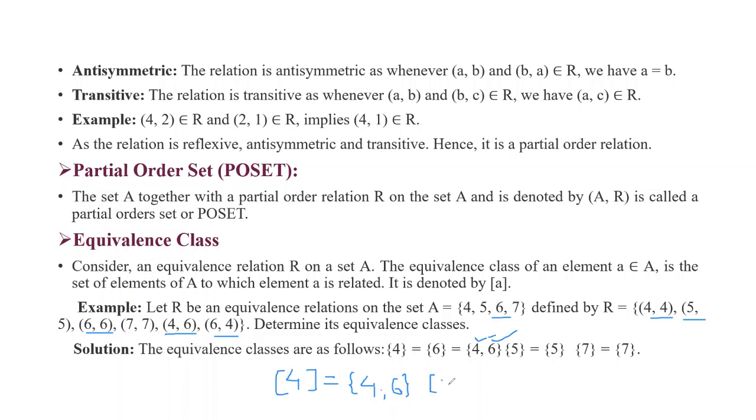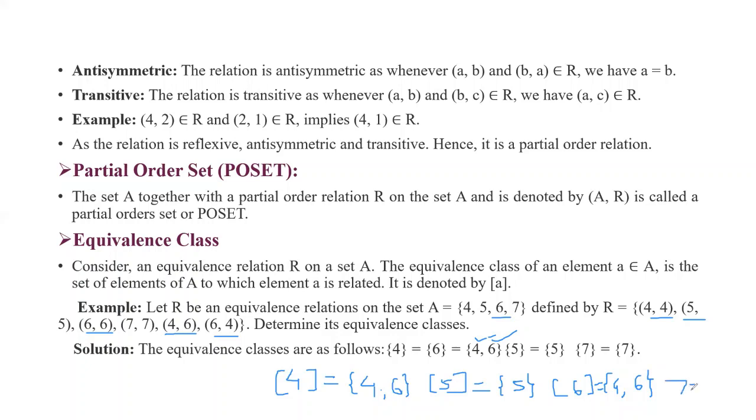Again, this 5 is related to only 5, and 6 is related to the same, this 4 comma 6. So 4 and 6, and this 7 is related to 7 only.